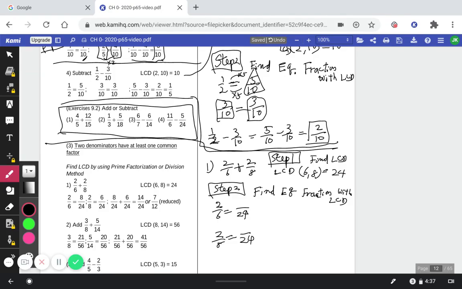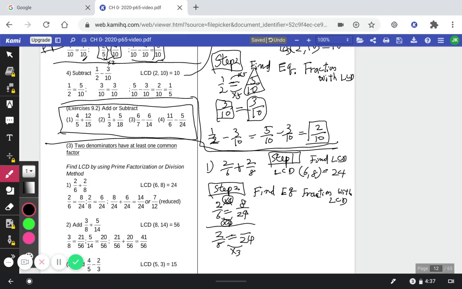So to find the equivalent fraction, you see how many 6s go into 24. So 24 divided by 6 is 4. So you multiply by 4 on the top as well. So 8/24 is the equivalent fraction of 2/6. Now the bottom one, 8 goes into 24 3 times. 3 times 8 is 24.